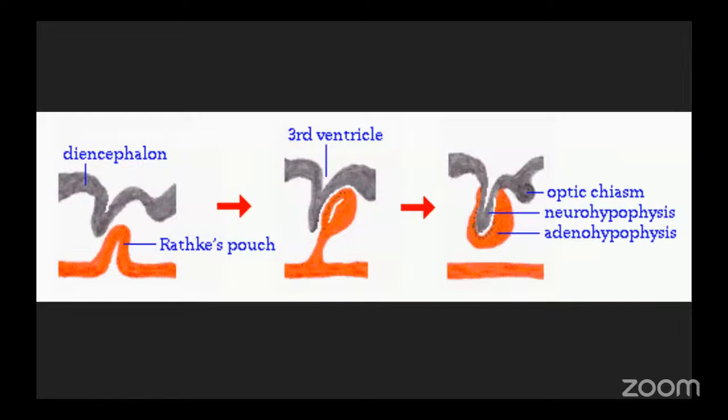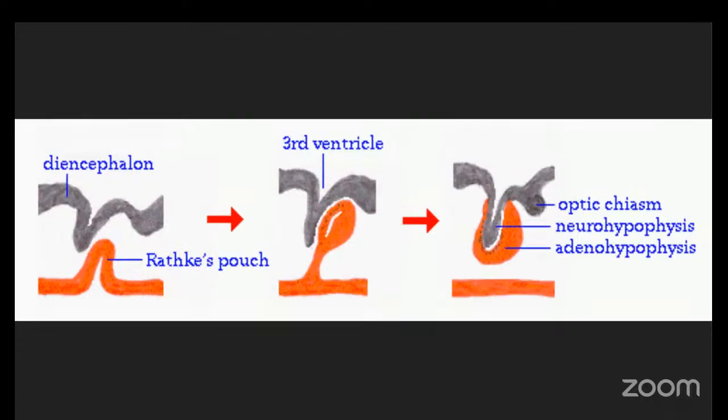Before we move on to the pituitary tumors, we need to know the basic embryology and how the pituitary gland develops. I am very sure that all of you know that this here is the neuroectoderm and this here is the normal ectoderm. This is the Rathke's pouch, which is an outpouching, whereas this is the neuroectodermal outpouching from the diencephalon.